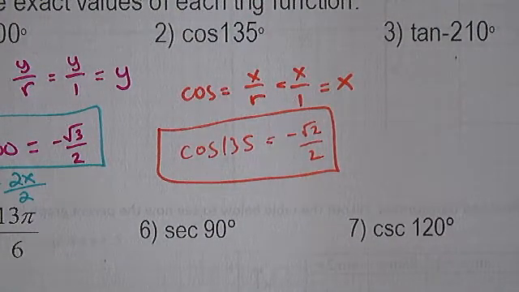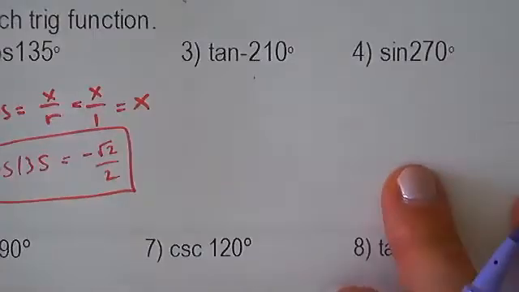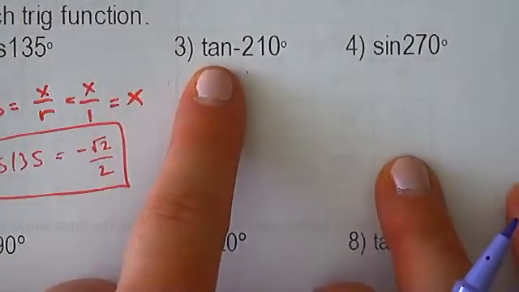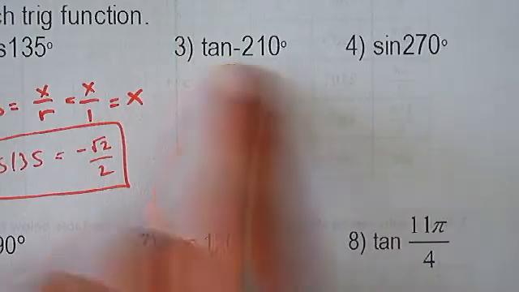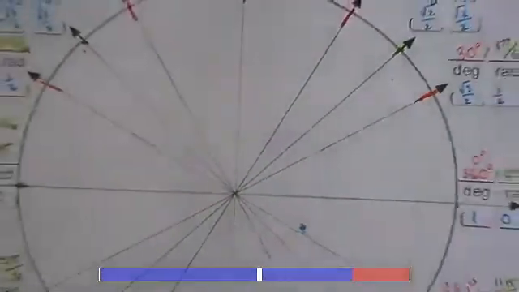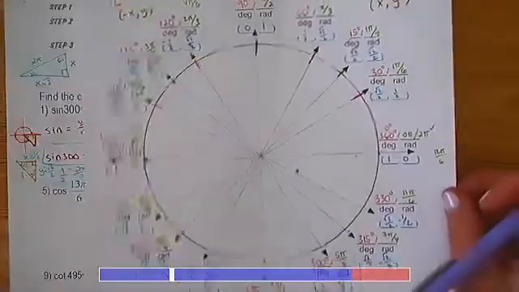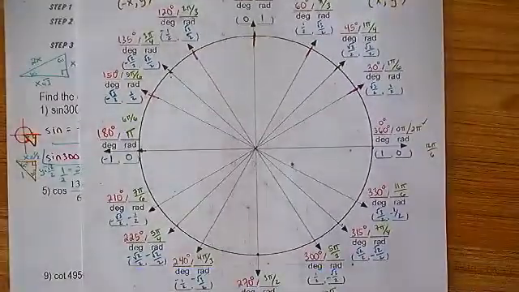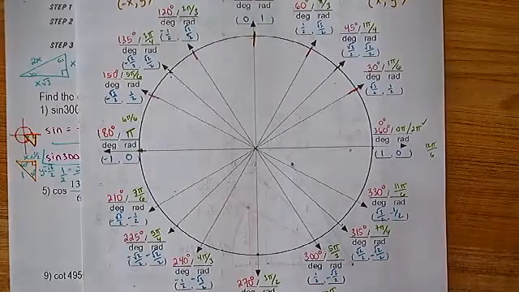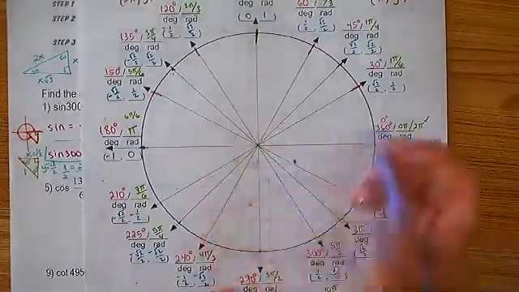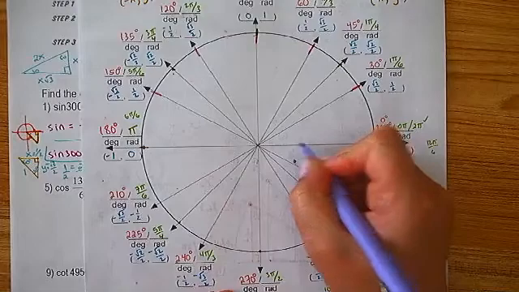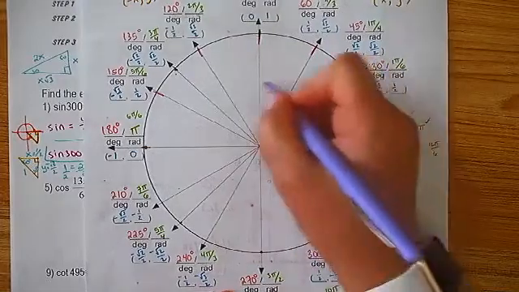Let's do a little more complicated for 2 reasons. Tan of negative 210. So first of all, this is a negative, right? So if you guys remember, in 6.1, we talked about different types of angles. So positive angles always open up from the initial counterclockwise.